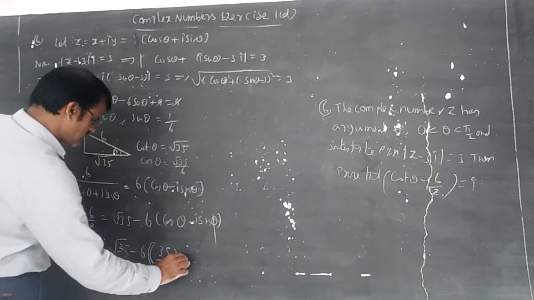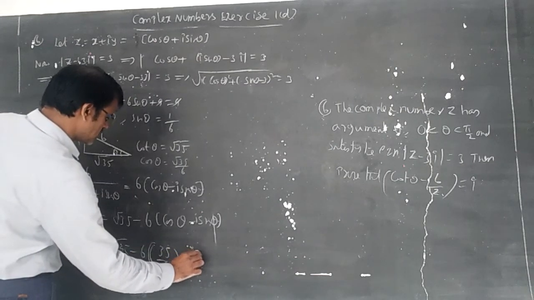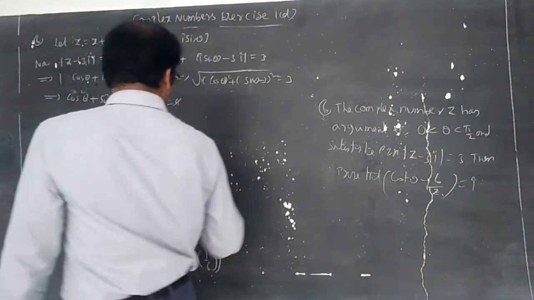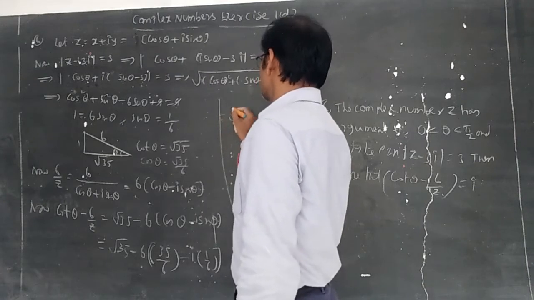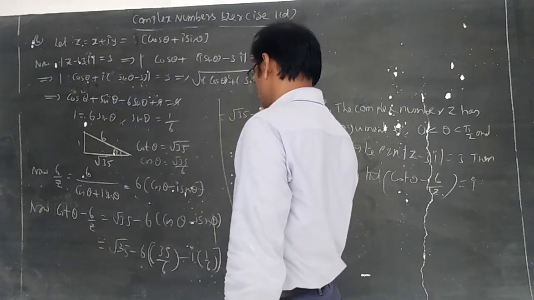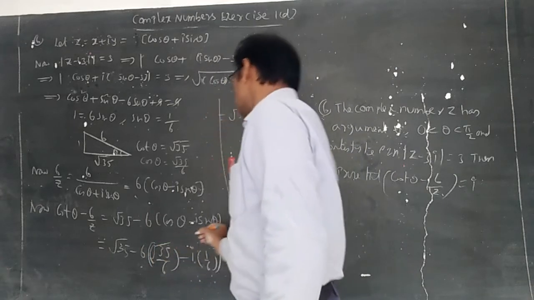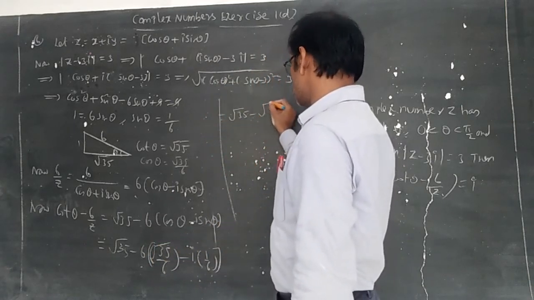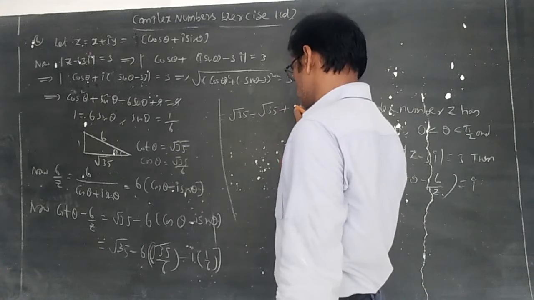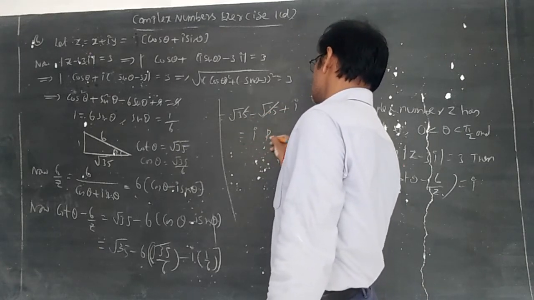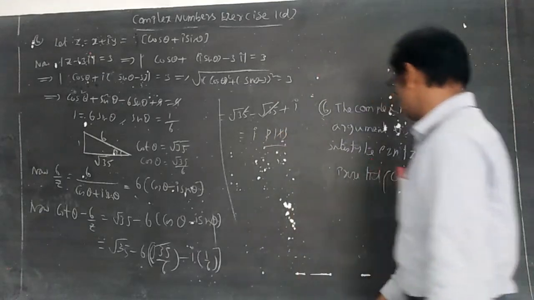Now you can get minus I into the sin theta value 1 by 6. So that is equal to, multiply with this 6. So now write root 35 minus 6, and 6 will be getting cancelled. This is root 35. So root 35 minus of minus plus, you write simply I. Root 35 gets cancelled. This is I. So this is RHS.